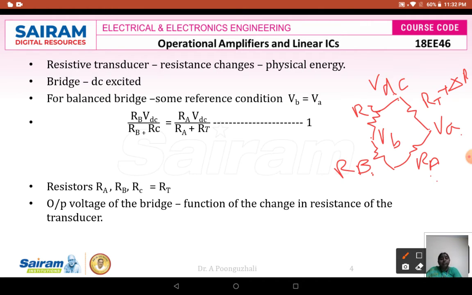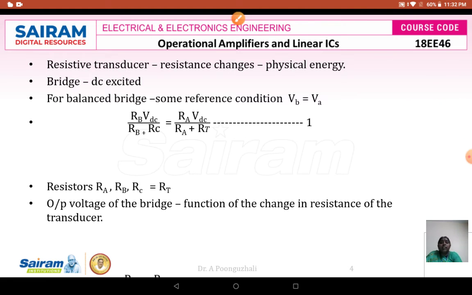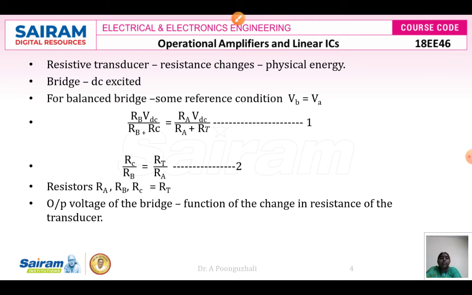Before any physical energy is applied to the transducer, all the arms of the bridge are going to be balanced. So balanced means my VB is equal to VA. So now what we are going to do is find out. When the bridge is balanced, your VDC voltages get cancelled and your expression is going to be RB by RB plus RC equals RA by RA plus RT.